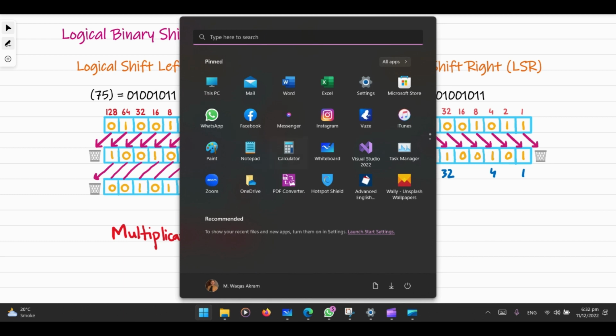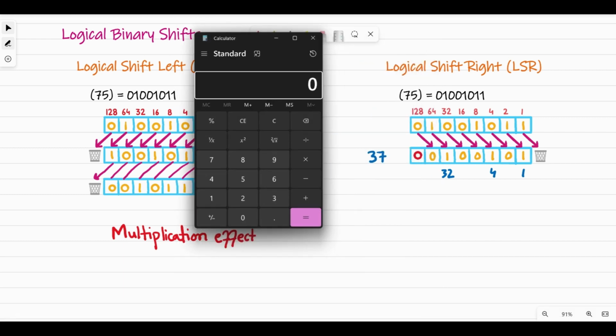If we had a calculator with us, 75 divided by 2 gives 37.5. We have come up with 37.5.